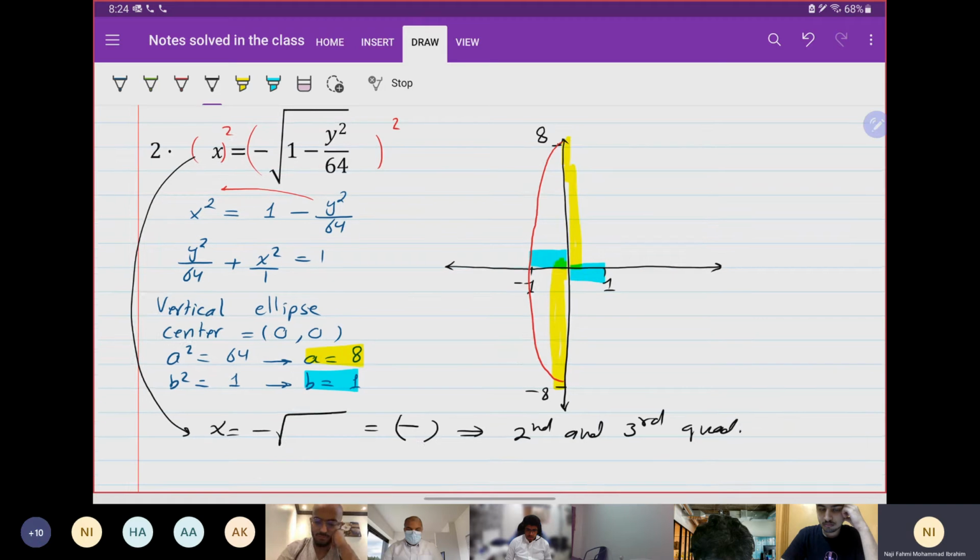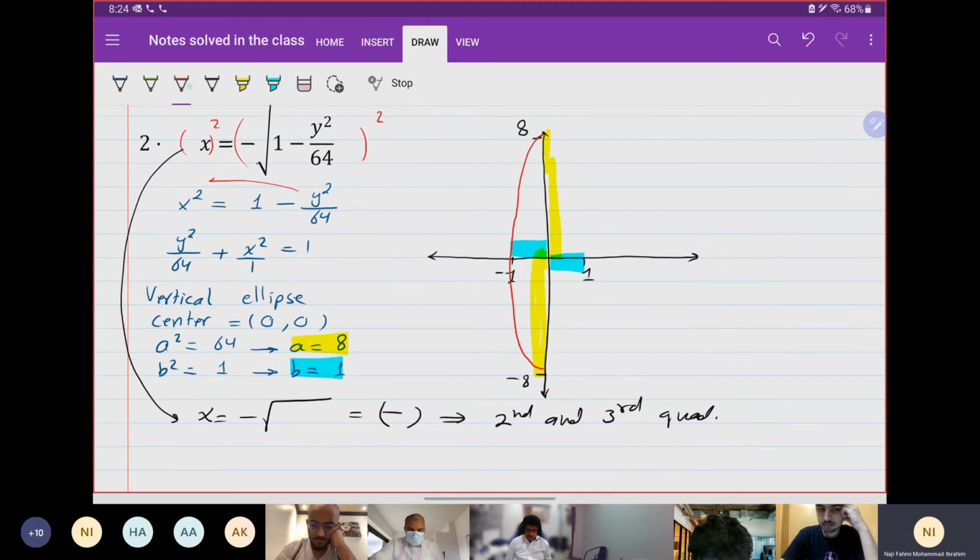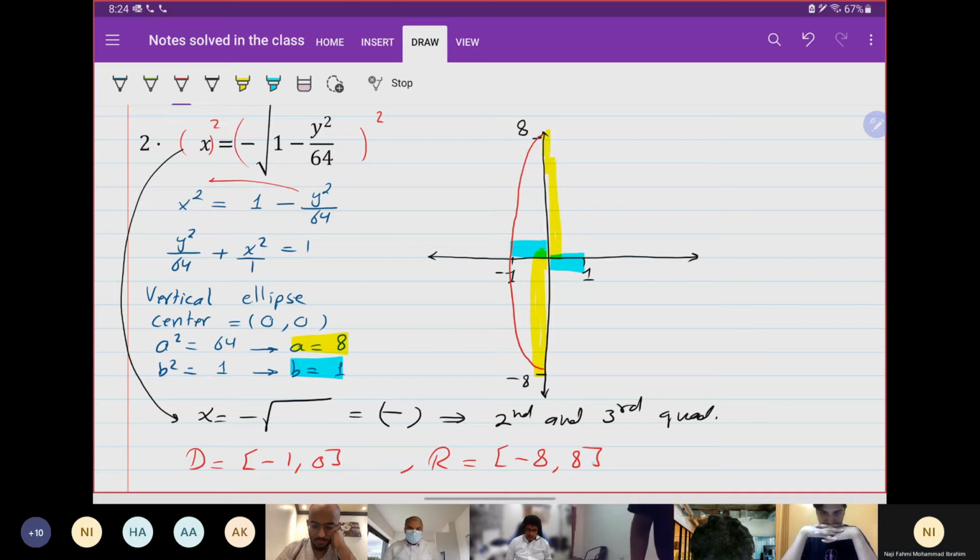So what's the domain of this graph? The domain is -1 to 0, and the range is from -8 to 8. And we are done with this example.